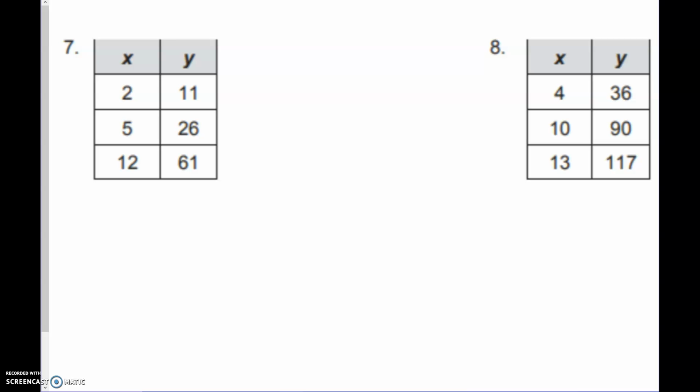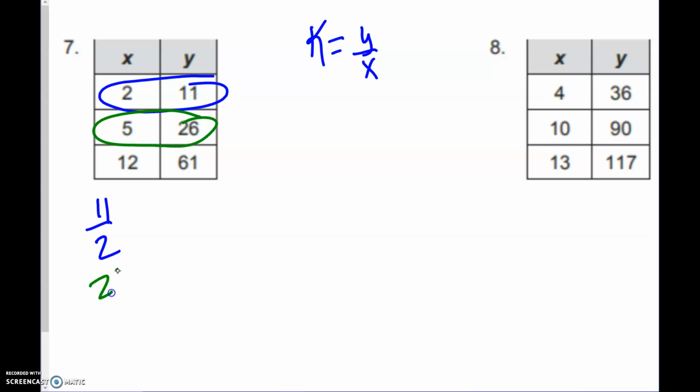All right, then a chart was the third way we did this. So what we're doing for here is we're finding that k value. Because of that constant of proportionality, if y over x is the same for everything, then it is proportional. Then it goes through the origin. So for all of these, we're going to take 11 and divide by 2. We're going to take 26 and divide by 5.